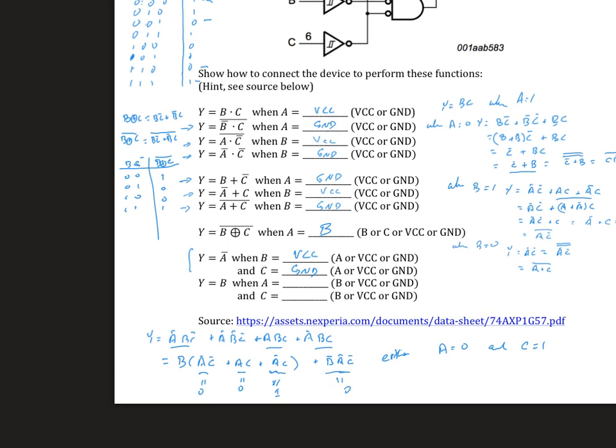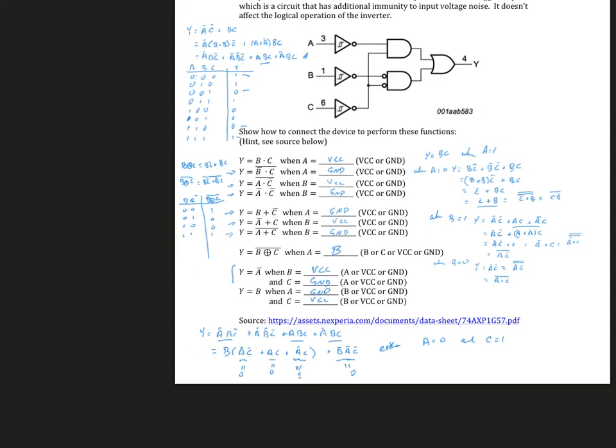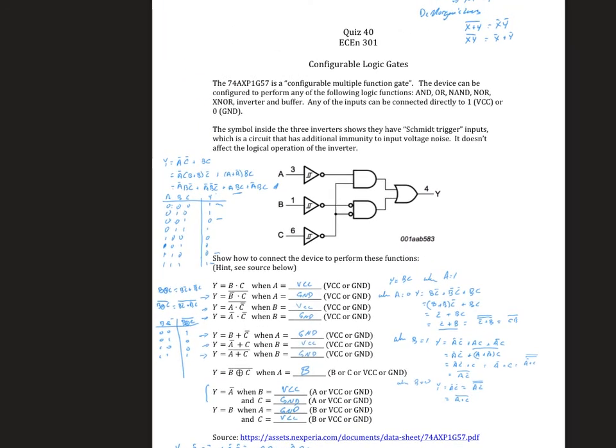So we get that this is equal to B. So we tie A to ground and tie C to VCC, and this circuit acts, Y does whatever B does. Okay, so that is homework or quiz number 40.